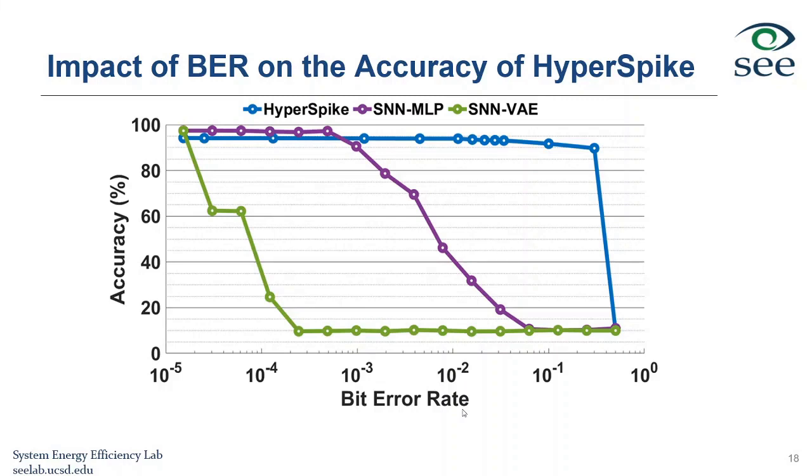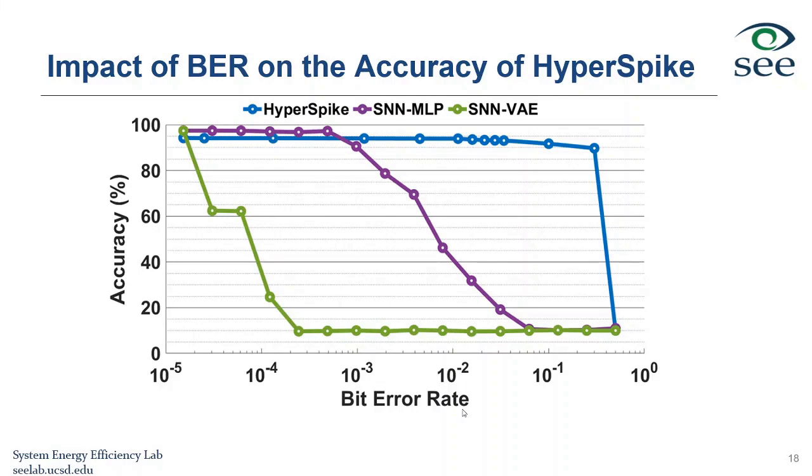Because the other models are using 16-bit quantized values for all of their weights, every bit flip is disproportionately incurring more error than a bit flip in HyperSpike, because every single bit flip in HyperSpike is equally incurring the same amount of error.